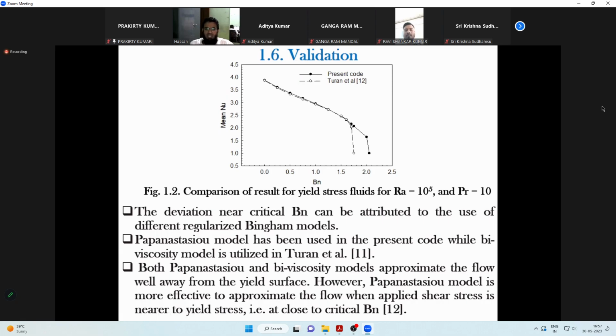However, we can say that the Papanastasiou model is quite effective to represent this flow when the BN number is close to, say, less than 1.5 or so.